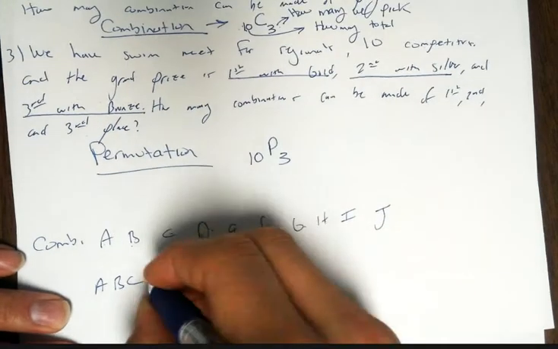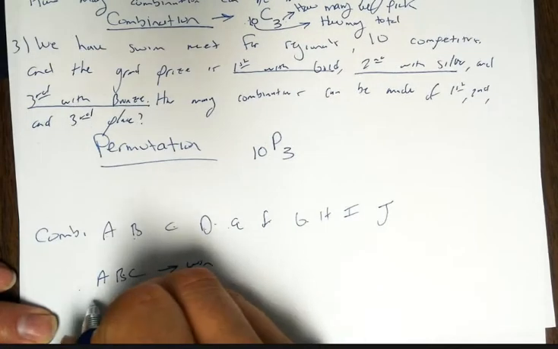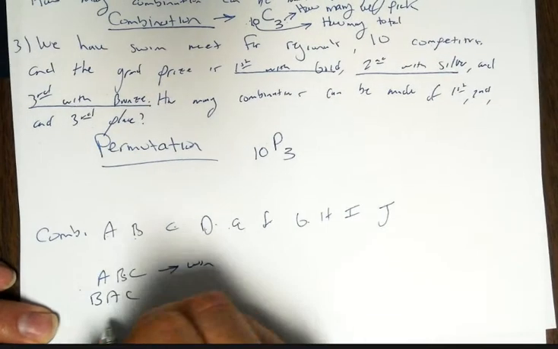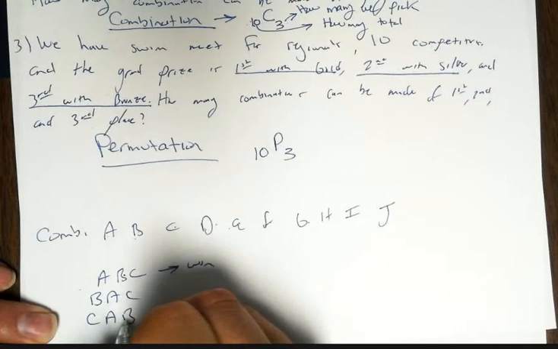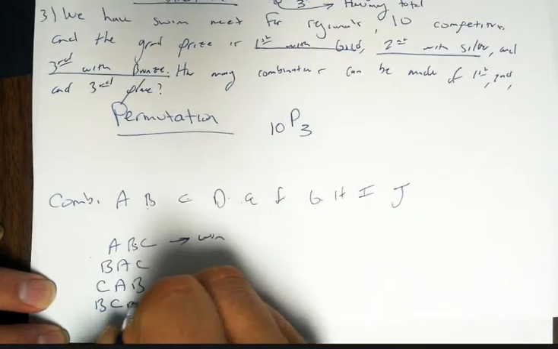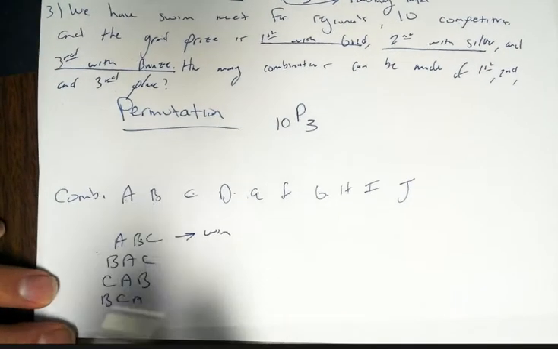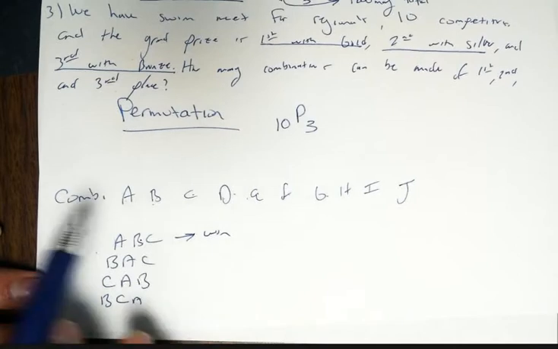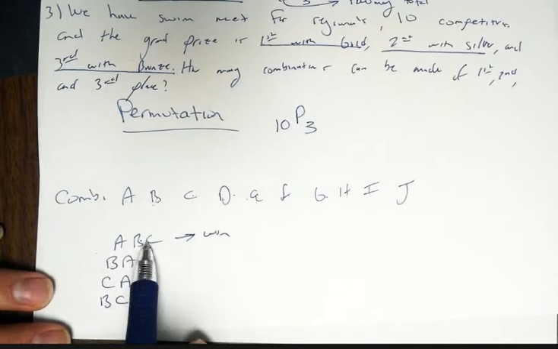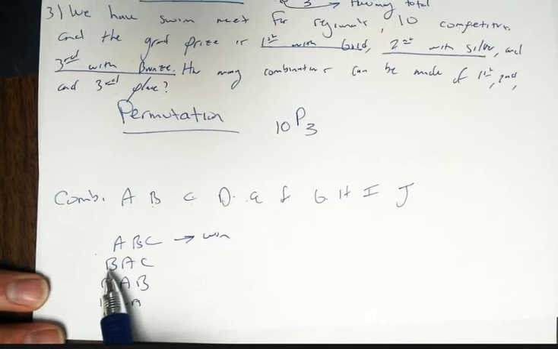So they won. Is this the same as BAC or CAB or BCA? Are these all the same? Because the key there is, does order matter? In this case, it doesn't. These three would advance, so A, B, C are advancing. If B passed first, and then A, then C, they're all advancing.